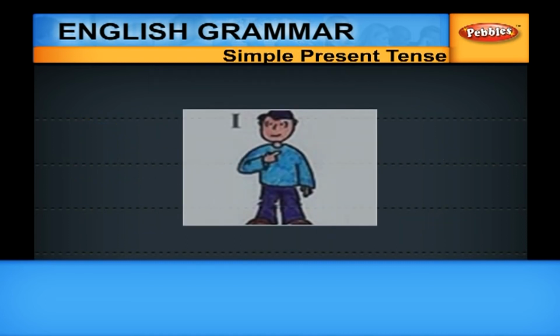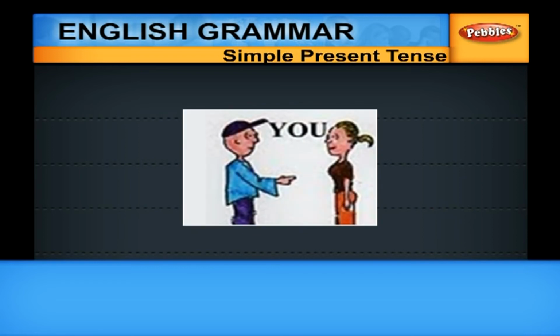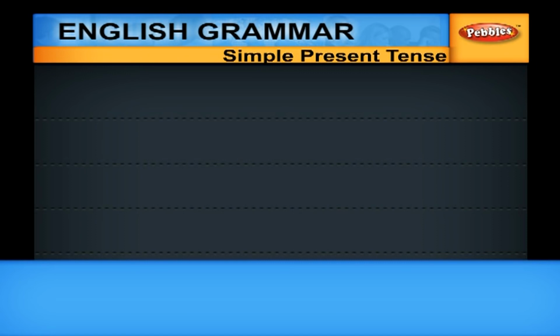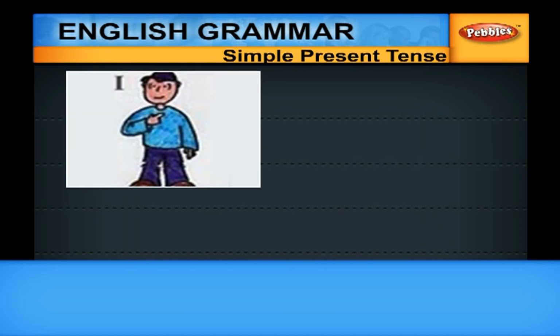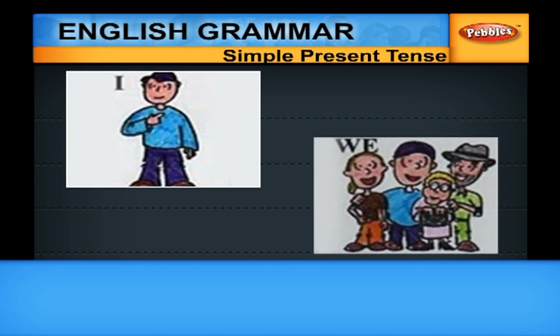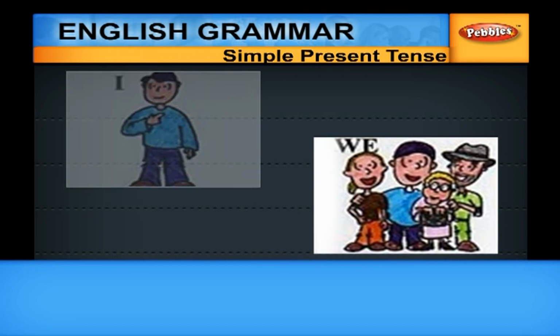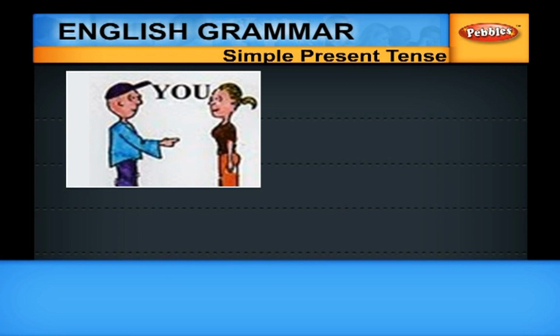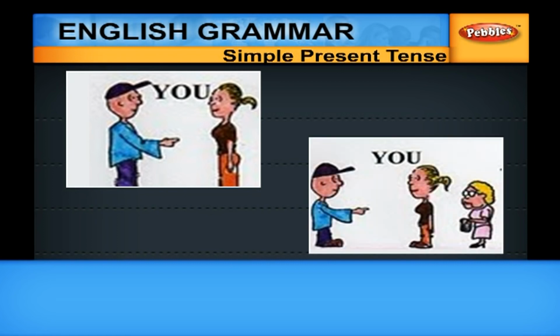You know the three persons: first person, second person, third person. First person singular, I. Plural, we. Second person singular, you. Plural, you.